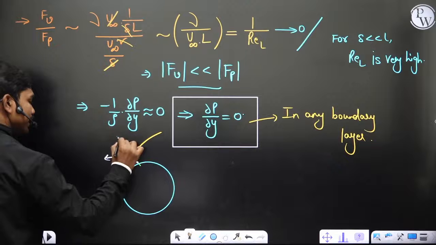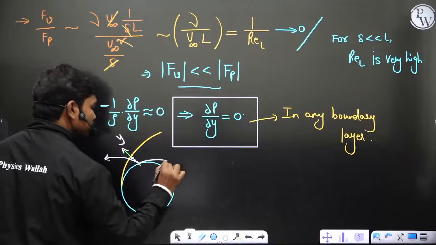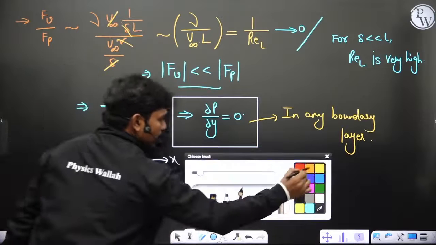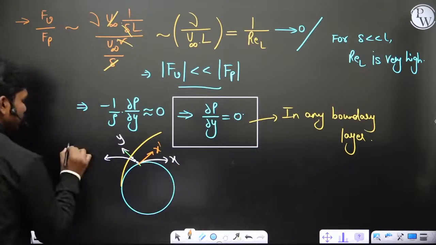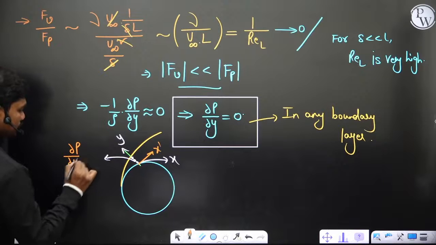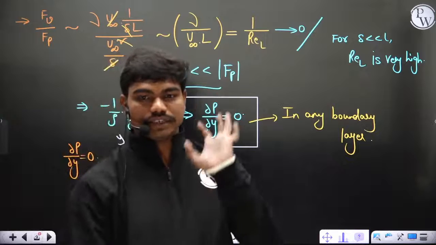If this is the y direction and this is the streamline coordinate direction x, and this is x dash, for example, which is the tangent at that point, dou P by dou Y is equal to 0. Means pressure will never change in the y direction.